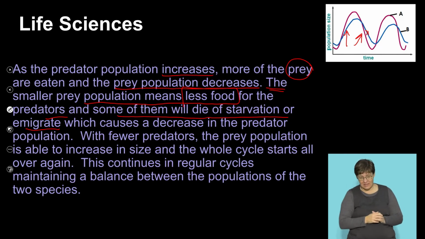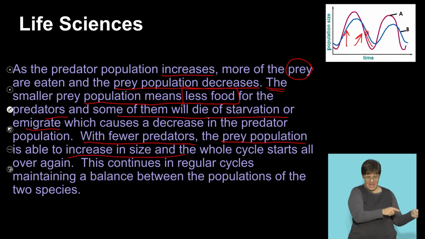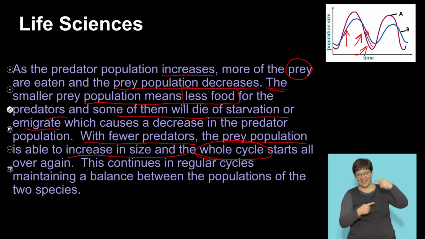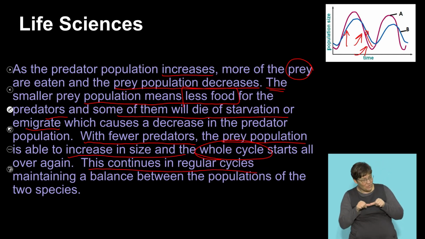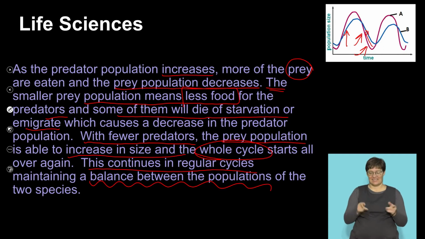And what we're going to see here is that the blue graph is also going to decrease. But with fewer predators, the prey population then can increase in size. And so we see the pink graph increasing again in size. And the whole cycle is going to start all over again. This continues in regular cycles, maintaining a balance between the two populations of the different species.